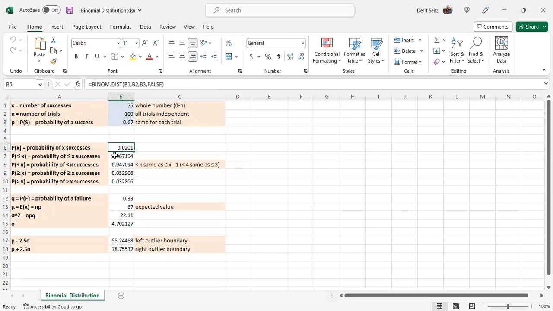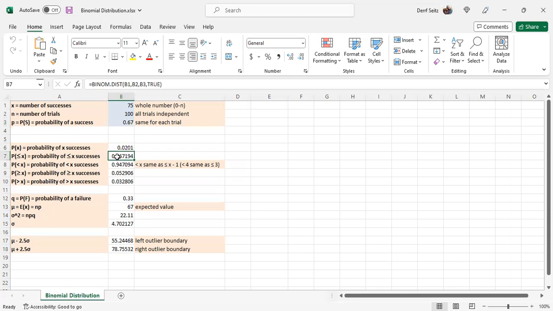The first one is the probability of exactly x successes, 75 in this case. It uses the binomial distribution function in Microsoft Excel, which takes these three parameters and a literal false, which means it's not cumulative.